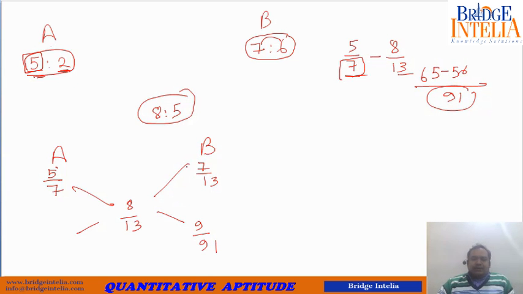And if you calculate this, 8/13 minus 7/13, so this comes out to be 1/13. So 1/13 can also be written as 7/91. So you can see the ratio 7:9 again. Same ratios, but two different methods. So I would always suggest that whenever data is given in terms of ratio, don't go for the fractional approach.